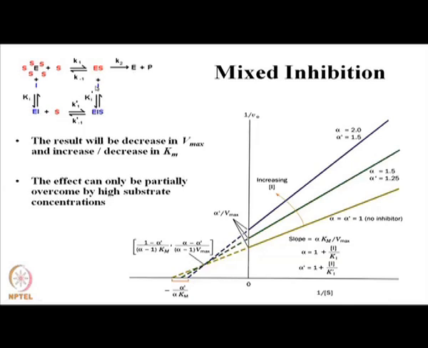So, you can partially overcome the effect of this mixed inhibition by increasing your substrate concentration. As a result, Vmax is decreased and Km may get increased or may get decreased.